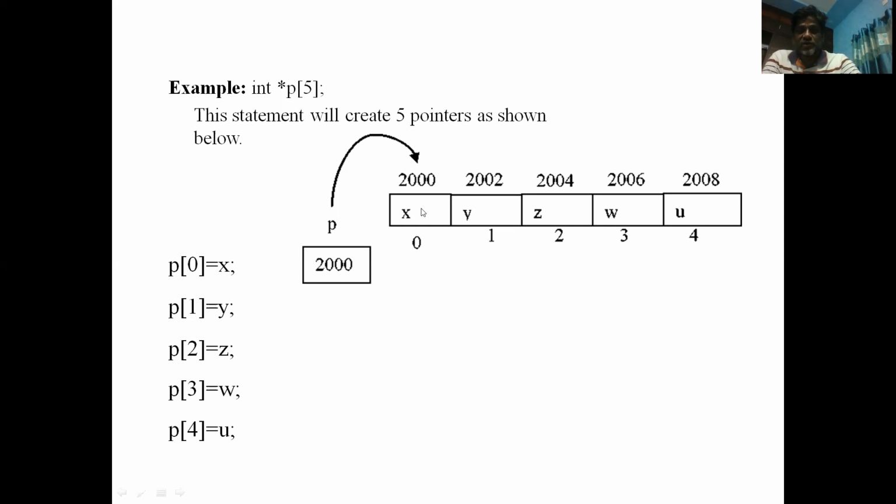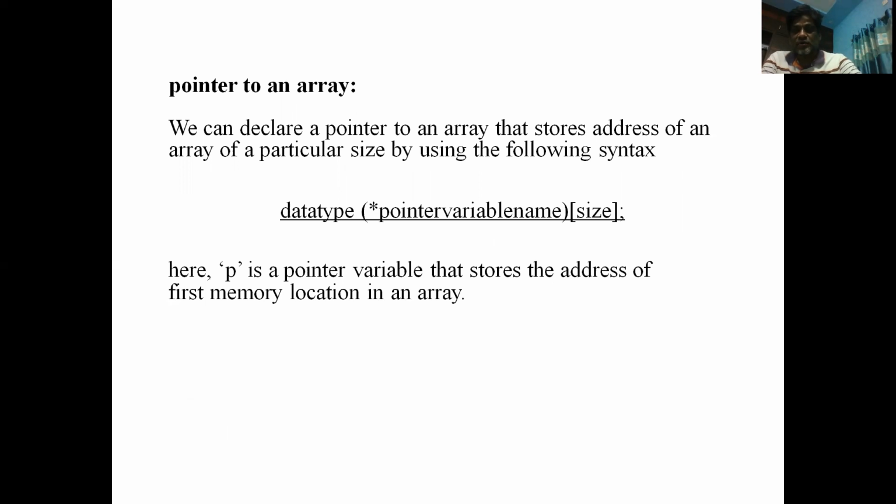So we can store addresses into these memory locations where p is holding the base address of the entire array. Like this, we can create an array of pointers where each location can be used to store the address of some variable.